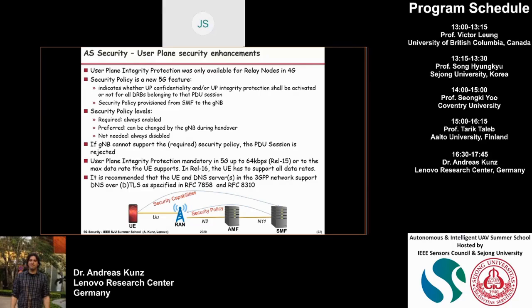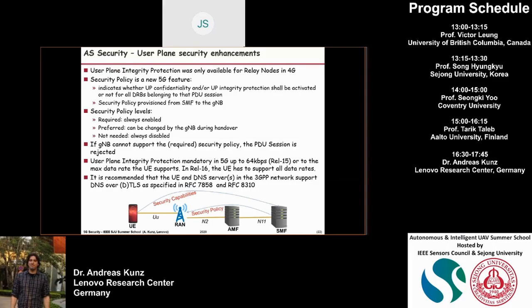There are different policy levels. We have required, which means you have to use user plane integrity protection. If it is preferred, then the G-Node B can handle it based on capabilities or load situation. And if it's not needed, then it will always be disabled.